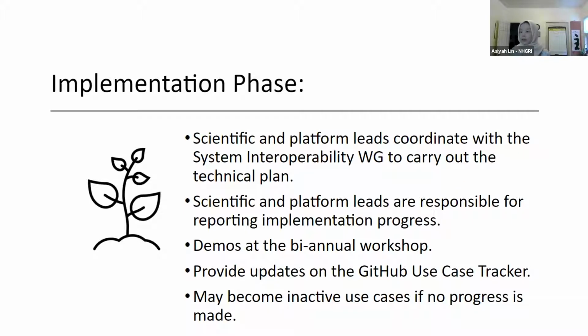They are responsible to report the progress, to demonstrate at our workshop, and also to provide updates on the GitHub use case tracker. In this phase, some use cases may become inactive if there's no progress being made.